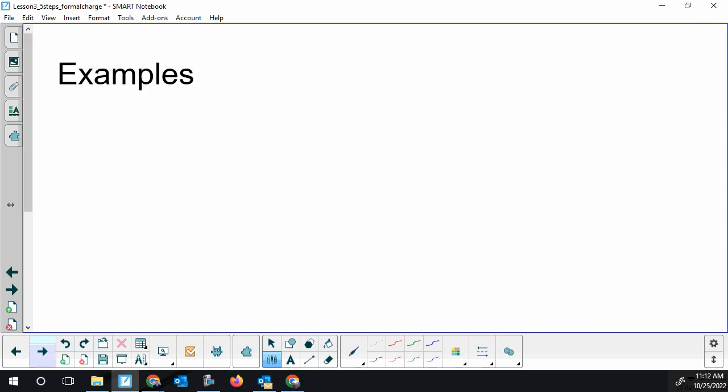So I'm going to do carbonate, something that has a charge. As soon as you see the charge, there's no way bonding capacity will work. We can't do 4 bonds with carbon and it's to 3 O's. That wouldn't match up or work anyway.